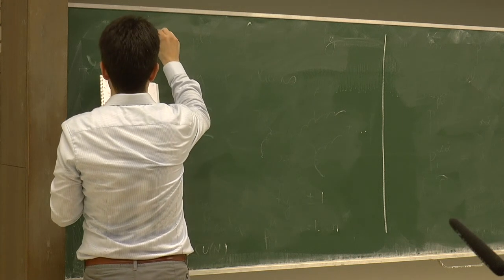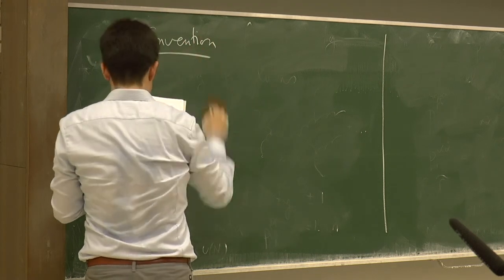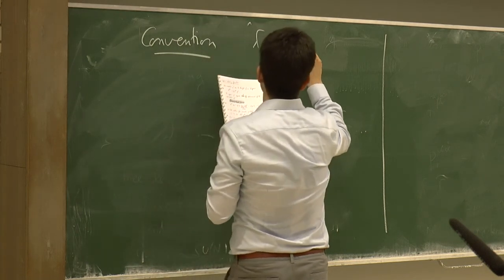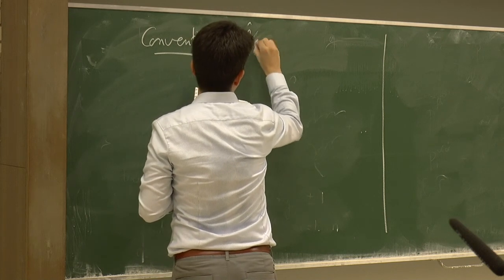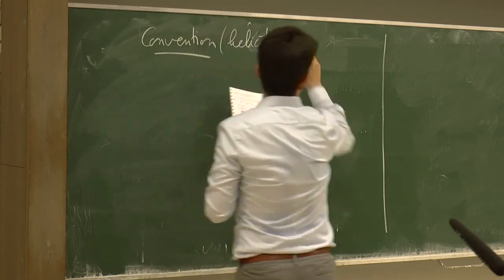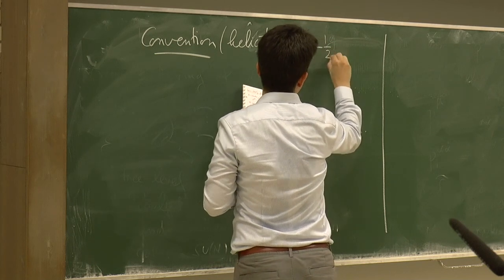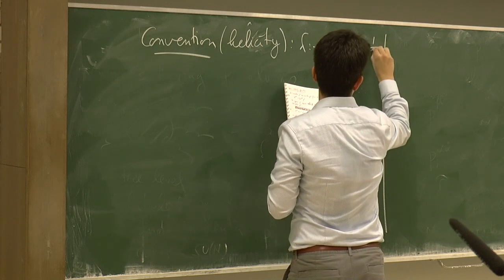We have this convention for the helicity: to lambda we assign helicity minus 1/2, and to lambda twiddle we assign helicity plus 1/2.